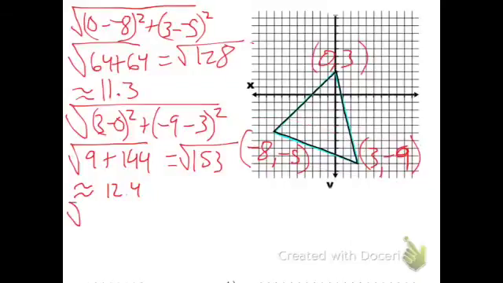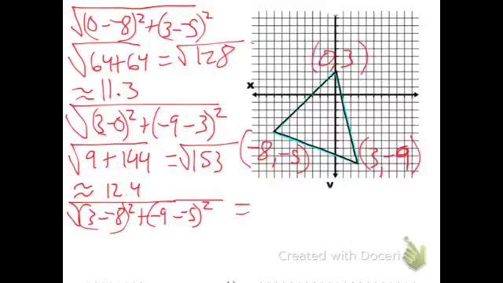The 3, negative 9 is again my x2, y2. So I need to do 3 minus negative 8, square that, add negative 9 minus negative 5 squared. 3 minus negative 8 is 11. When you square that, you're going to get 121. And negative 9 minus negative 5 is negative 4.